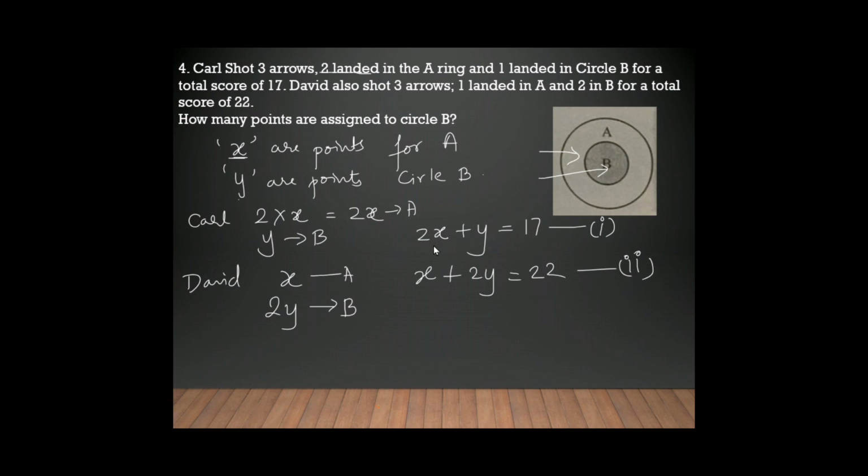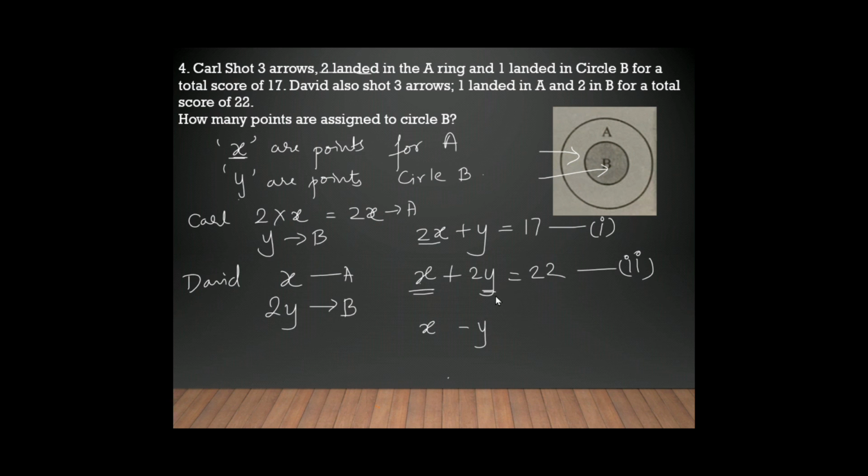Now, I need to either add or subtract these two equations in such a way that one of the elements is eliminated. Element means either the x term or the y term. Now if you see here, even if I subtract, 2x minus x will give me 1x, y minus 2y, I will again be left with a negative y. While subtracting, I am not able to eliminate anything.